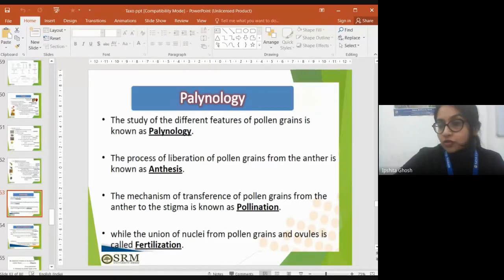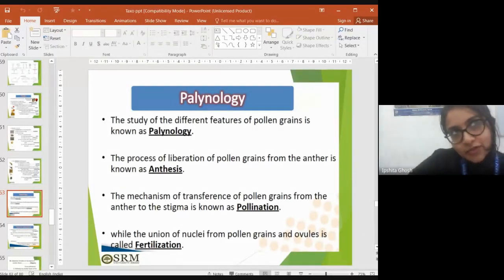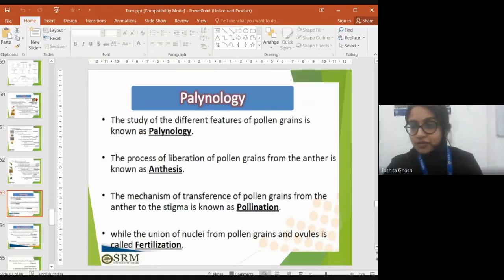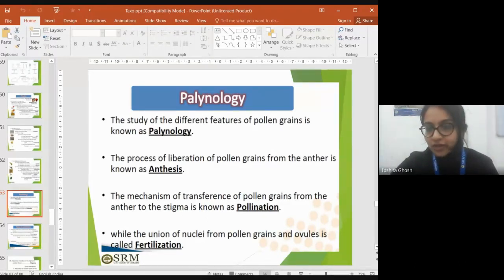So how is palynology useful in that sense? You can imagine that most murders or certain things like that take place in isolated places. Many a times it could be in the woods or in forest areas.